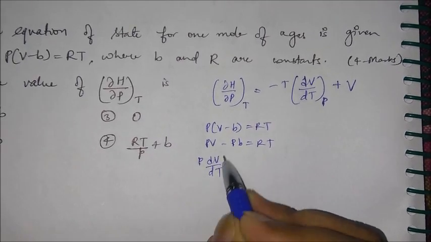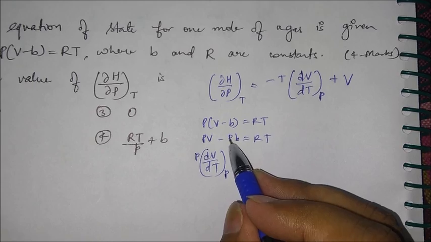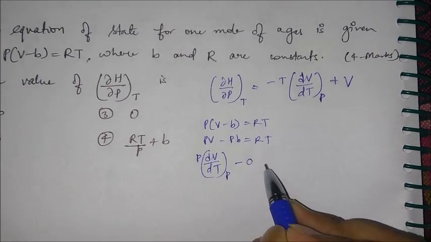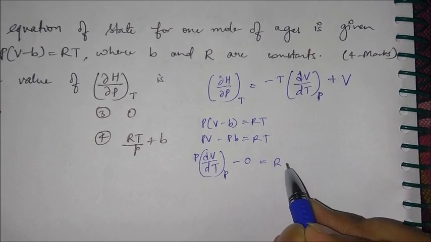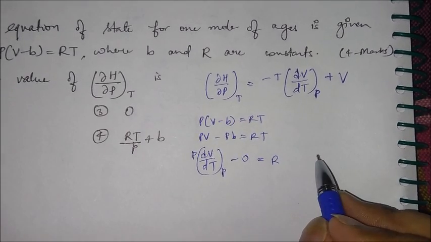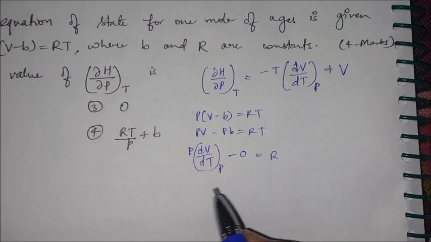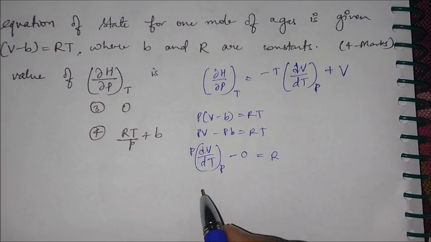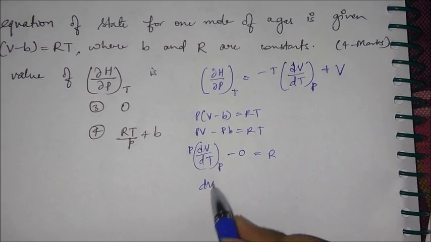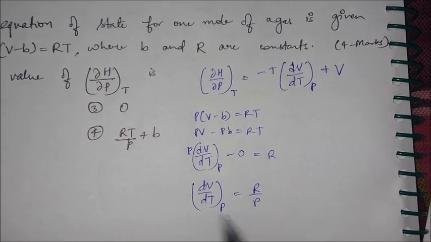We get P dV by dT at constant P minus, for this whole term, we have taken P as constant and B is already constant, so it will be 0, and R will remain, and the differentiation of T will be 1. I'm not explaining what differentiation is; you should know these things, so I'm just solving it. So dV by dT at constant P is equal to R by P. So we get this term.